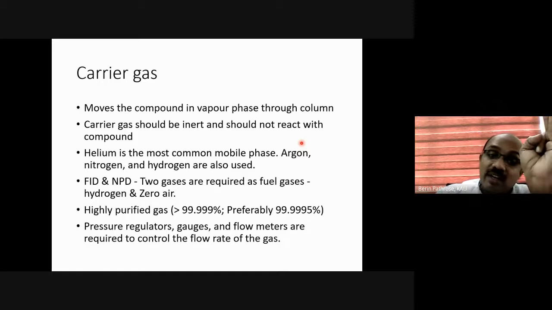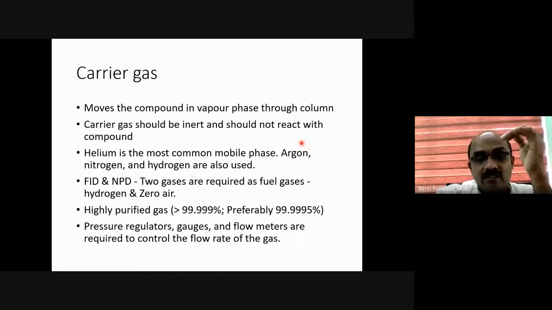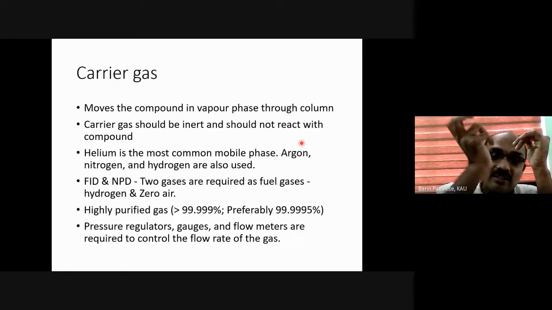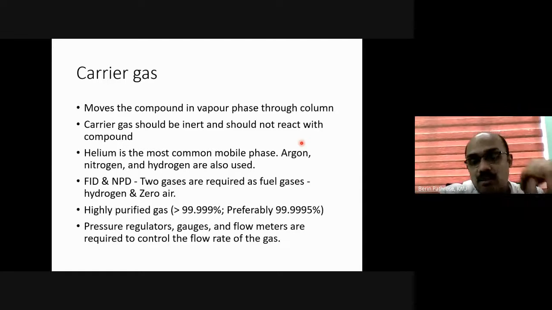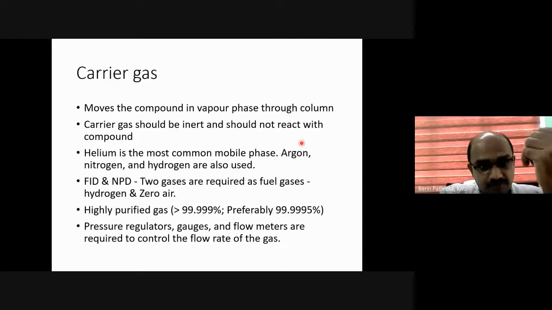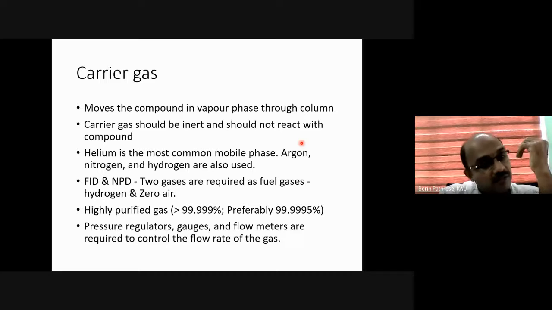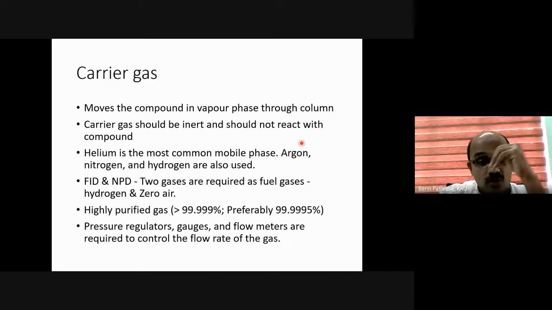And we provide hydrogen also to increase the combustion, because hydrogen is a combustible gas, and if we add hydrogen to oxygen, it will improve the combustion of the compound. So in those gas chromatographs where we use the flame ionization detector and the nitrogen phosphorus detector, we have two more gases. It's not the mobile phase, it is used in the detector part. They are hydrogen and zero air.